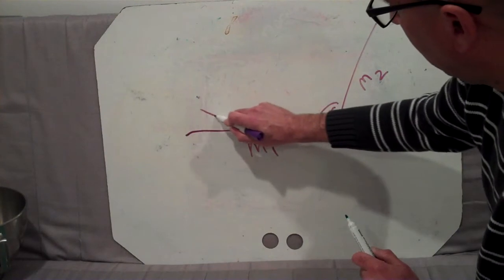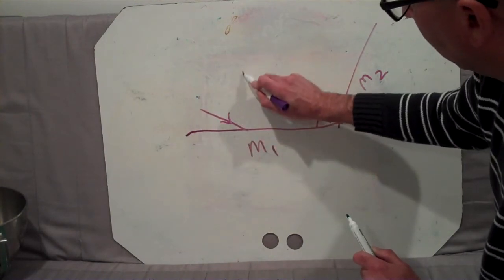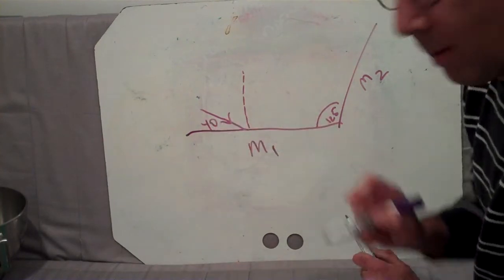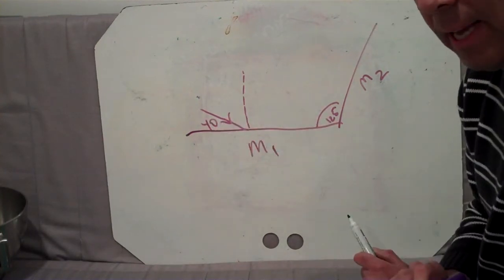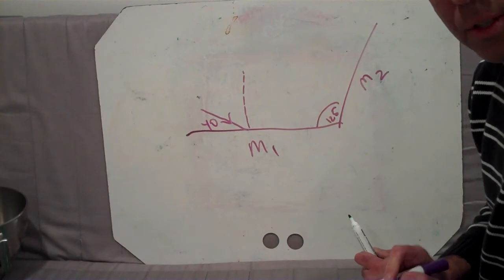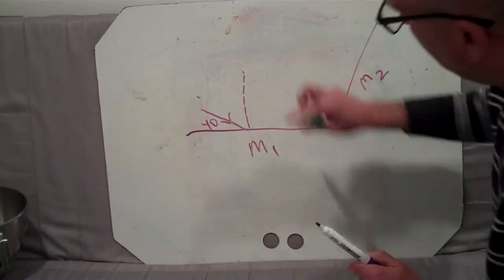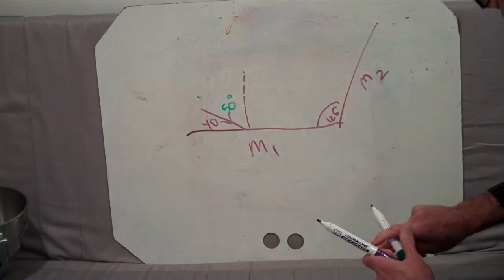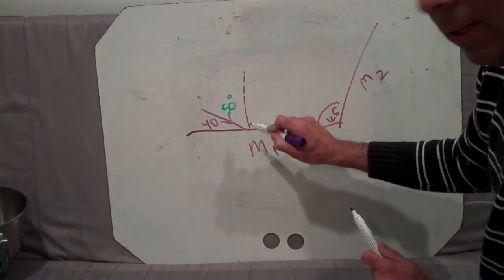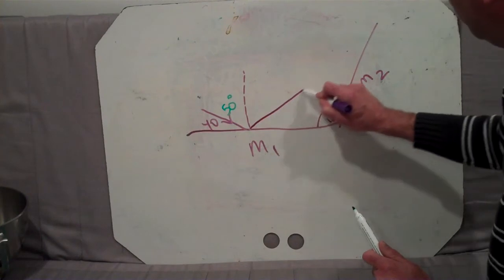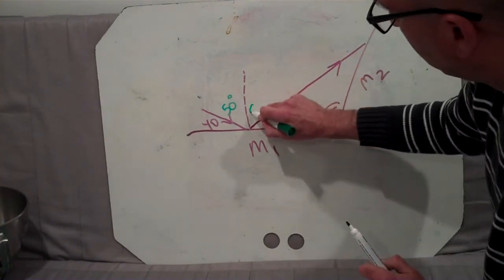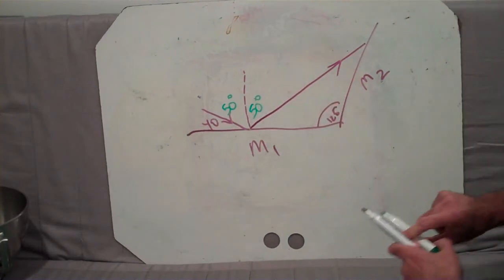A ray comes in with an angle of incidence of 40. Actually, it is not the angle of incidence. What is the angle of incidence? That's right, it is 50. So the ray comes in and is going to reflect at what angle? That's right, 50 degrees. So it bounces off mirror M1, and it's going to hit M2.